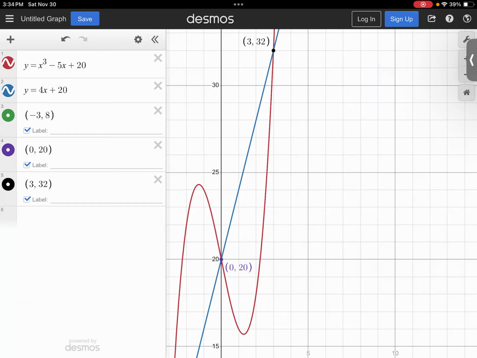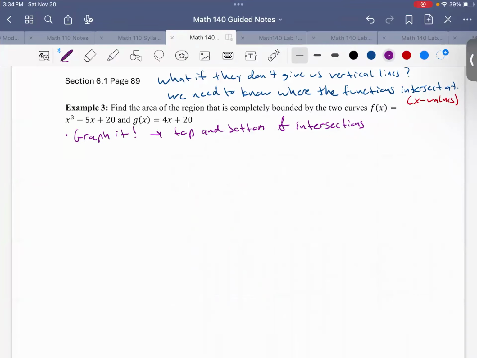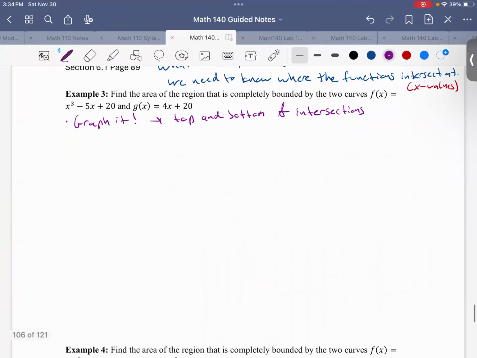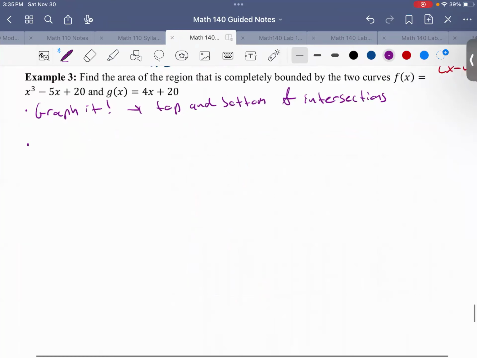If we come back to the notes, we will say that the functions intersect at x equals -3, 0, and 3.